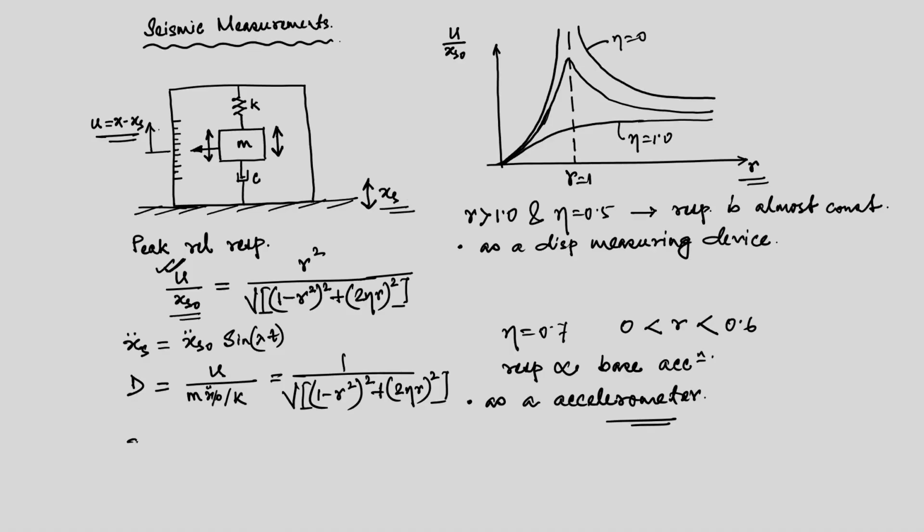So, we will have this support motion x_s double dot of t that is measured, and if you look at the nature of an earthquake, it is a random signal. So, this is t and this is x_s double dot of t. Under this kind of arbitrary signal, how to find out the response, that we will investigate.